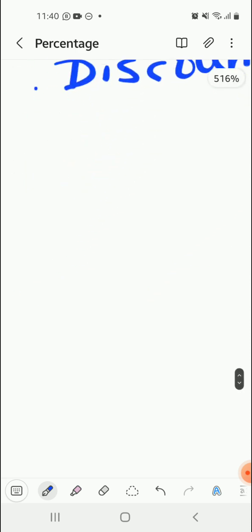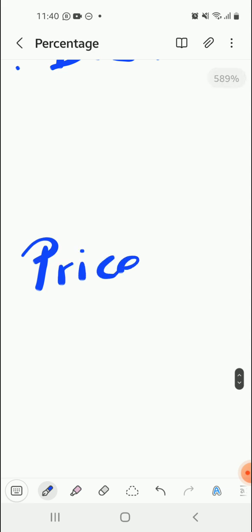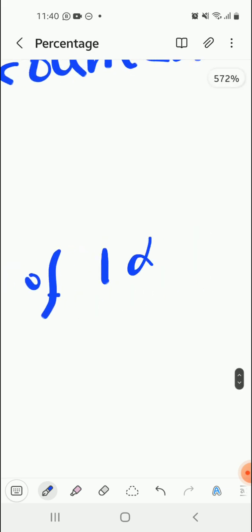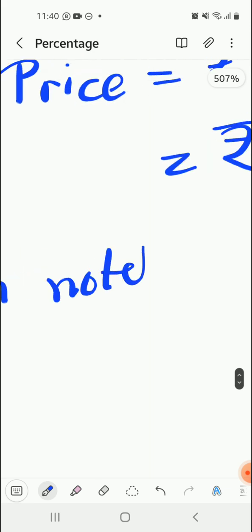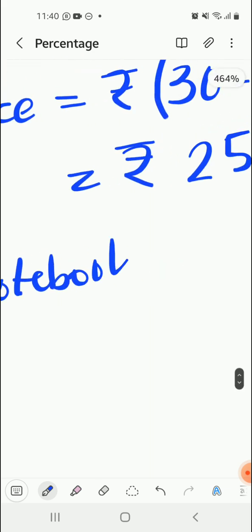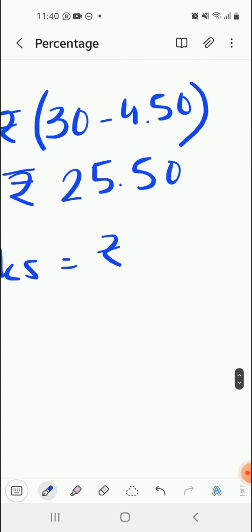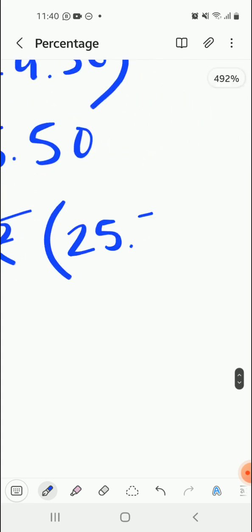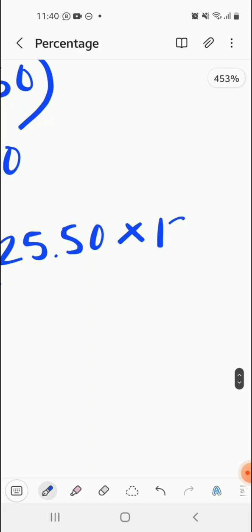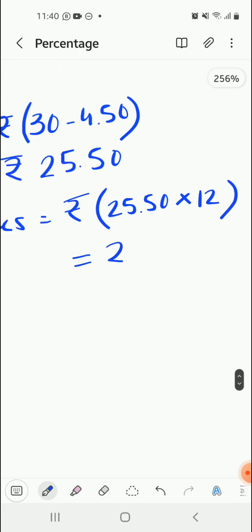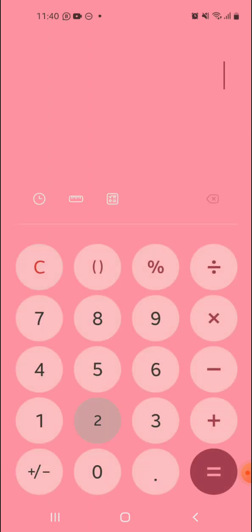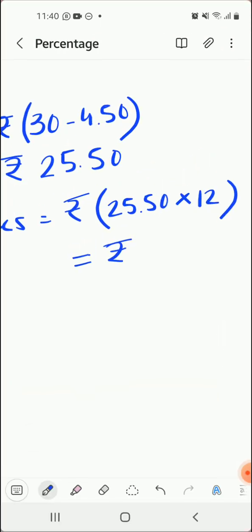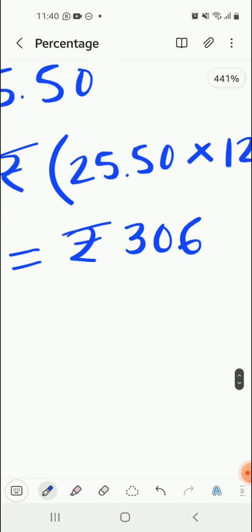So therefore the price of 1 dozen notebooks will be the discounted price into 12. So notebooks is equal to rupees 25.50, price of each notebook, into 12. So we'll find out 25.50 into 12, which is 306. So it comes to 306.